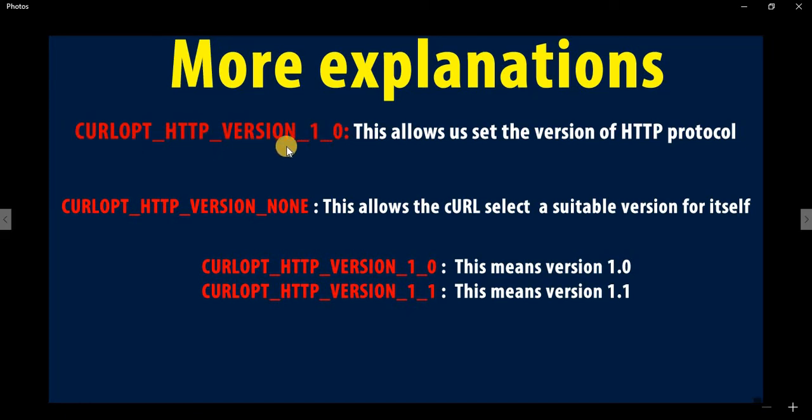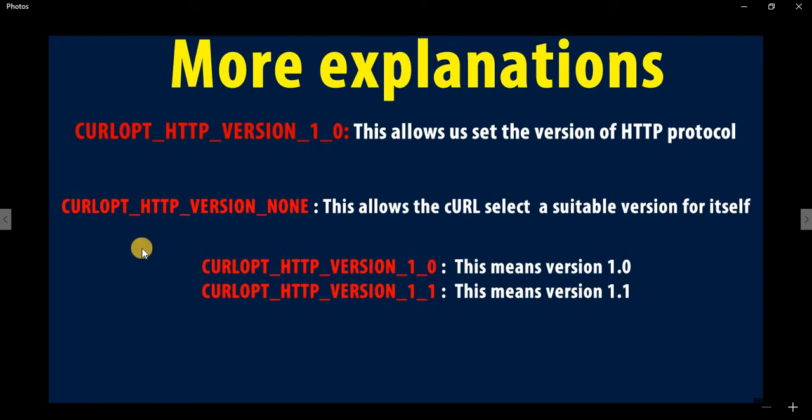And looking at this one right now, CURL_HTTP_VERSION_1_0 means forcing the HTTP to move over to version 1.0, which I explained down here if you look at it. So this means version 1.0, and this one means version 1.1. So if it's CURL_HTTP_VERSION_1_1, that is going to force over to version 1.1.